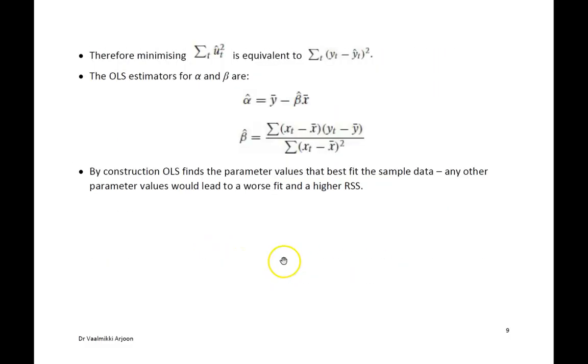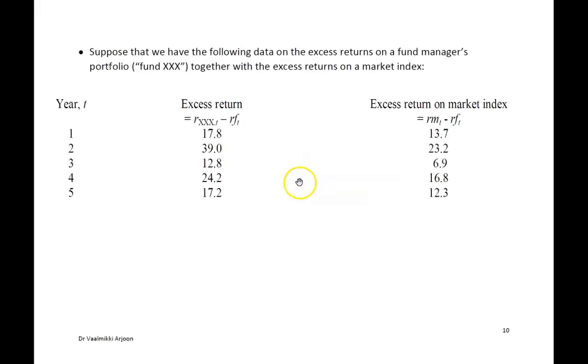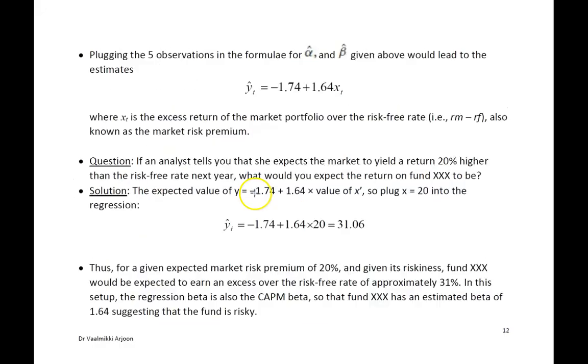Remember, this is the market risk premium and this is the portfolio risk premium, meaning the excess return that you earn over the risk-free rate: the return on the portfolio minus your risk-free rate. So an expected market risk premium of 20% means that the fund will earn a risk premium on the portfolio of approximately 31%.